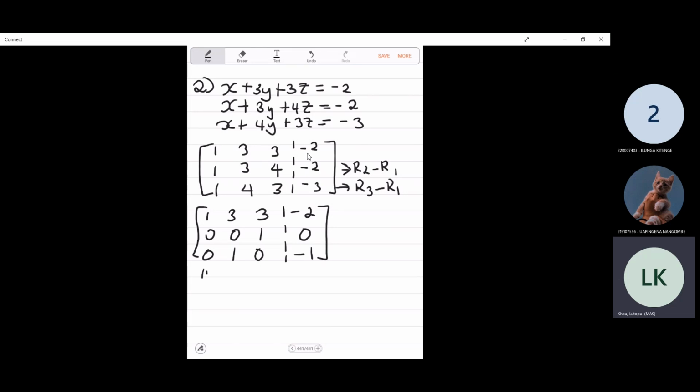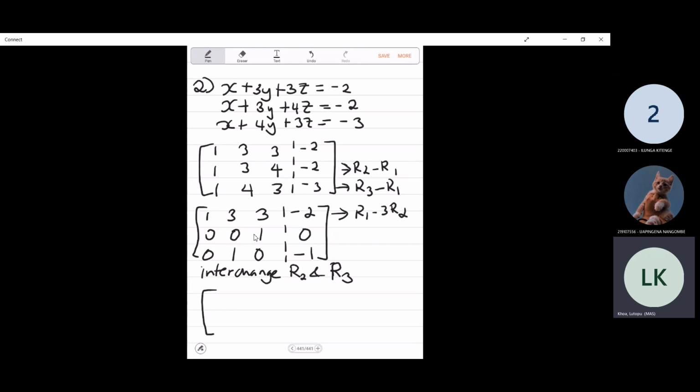Then I will interchange row 2 and 3. So that means I just swap them. This row here will come over there, and then this row here will come over there. Then I want to make this one here a 0. So I will say row 1 minus 3 times row 2. So I'm working that out before I swap them. So I say 3 minus 1 times 3. Then I swap the 2 rows.